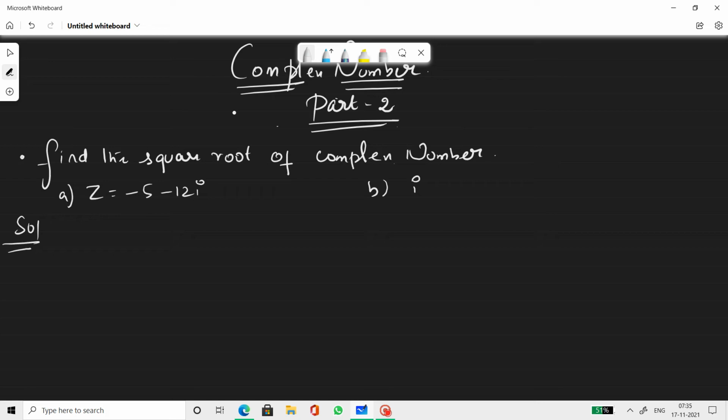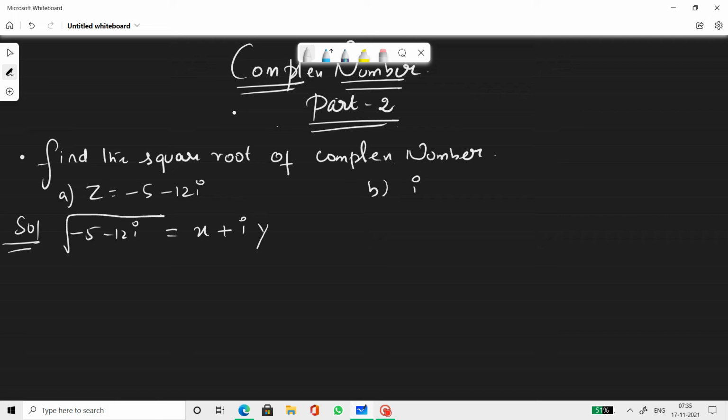The question here is to find the square root of minus 5 minus 12i. So let's put a square root on top of that, and let us assume that the square root of minus 5 minus 12i is x plus iy.